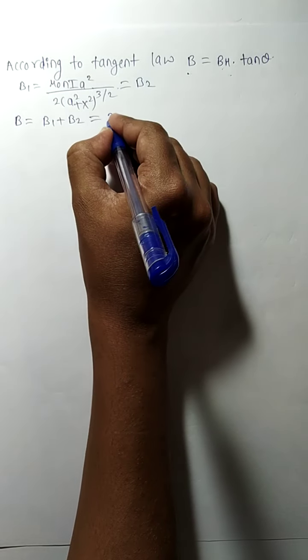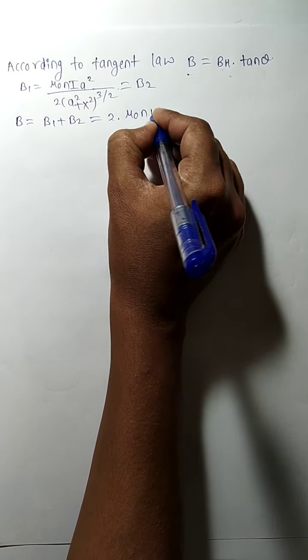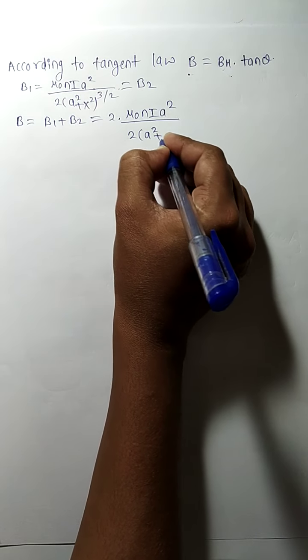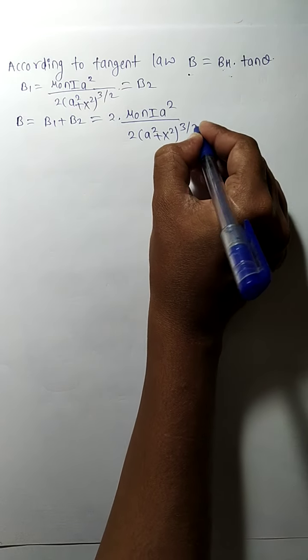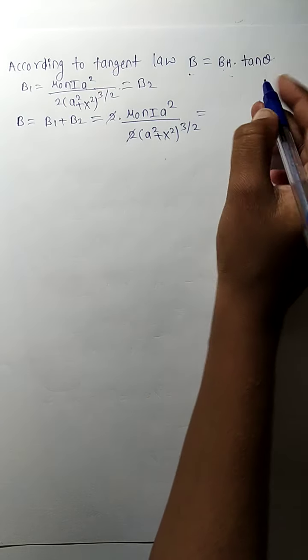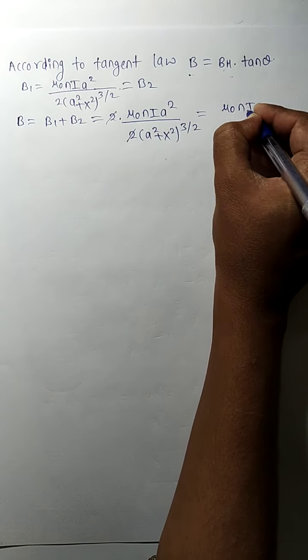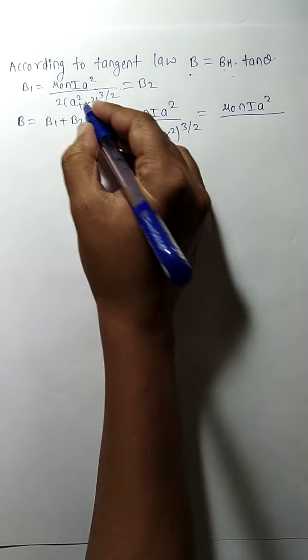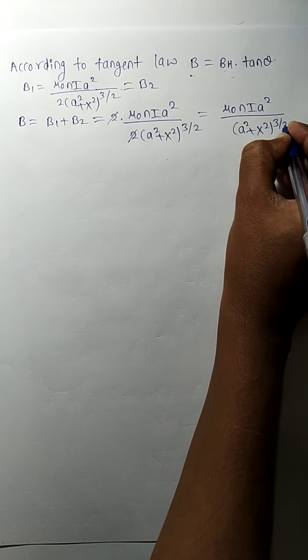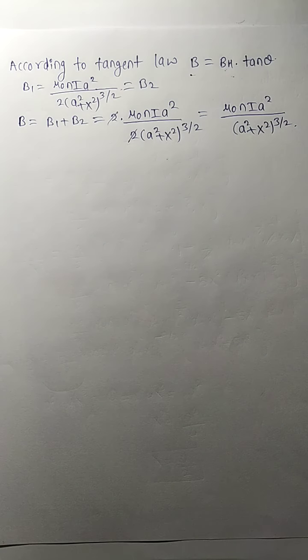That is 2 into mu naught N i A square divided by 2 (A square plus X square) raised to 3 by 2, and here the 2 gets cancelled. So the final equation is mu naught N i A square divided by (A square plus X square) raised to 3 by 2. This is the quantity we have, isn't it?